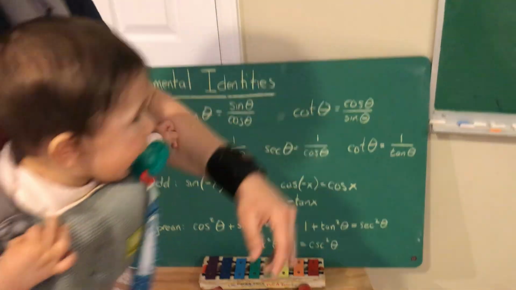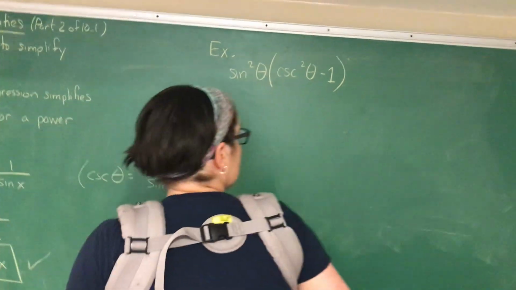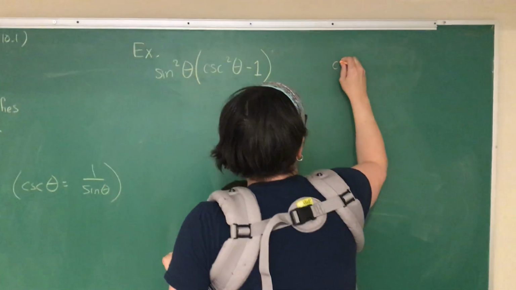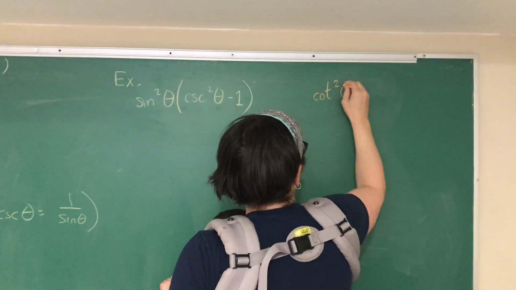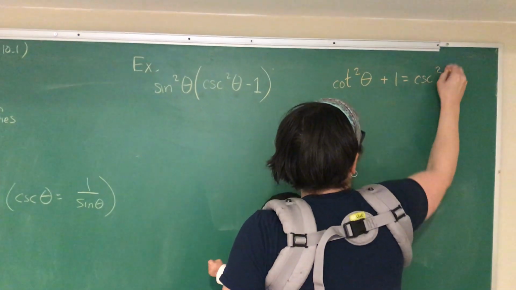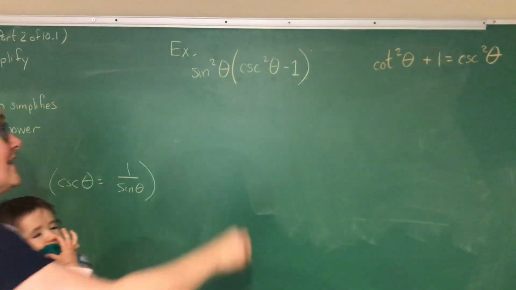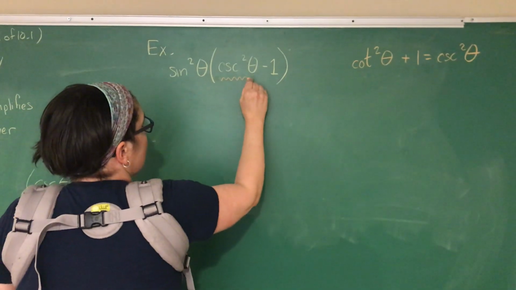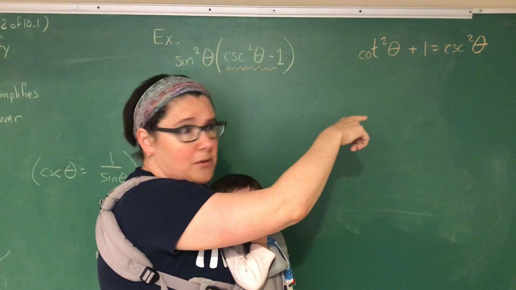I'm going to write down the Pythagorean identity over here, and we can stare at it for a minute. The Pythagorean identity is that cotangent squared of theta plus 1 is equal to cosecant squared theta. It doesn't look exactly like what's inside here, but what's cool is this is an equation, and I can manipulate that equation.